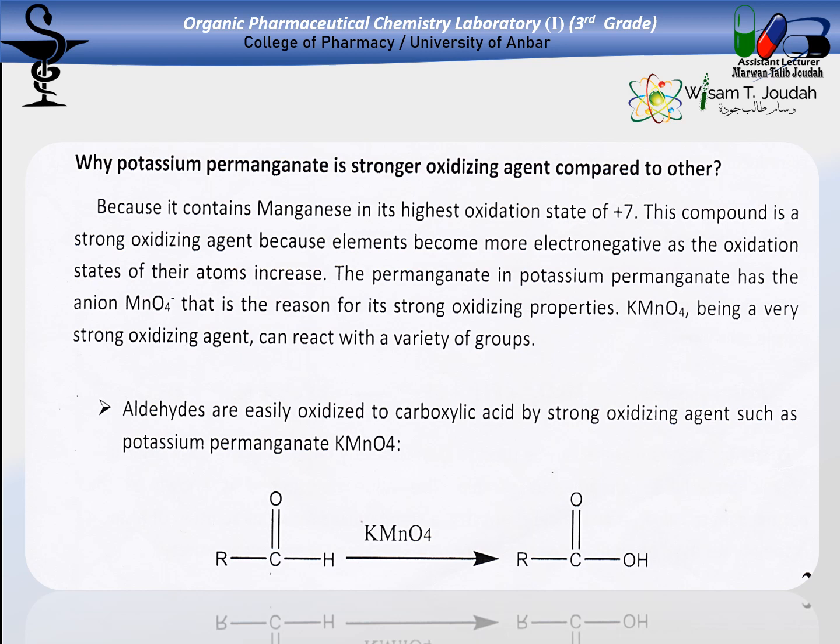Now, why is potassium permanganate a stronger oxidizing agent compared to others? Because it contains manganese. We said manganese has atomic number 25. Because of the manganese element, it gives potassium permanganate its strength, with its highest oxidation state of +7. So we know some elements possess more than one oxidation state.